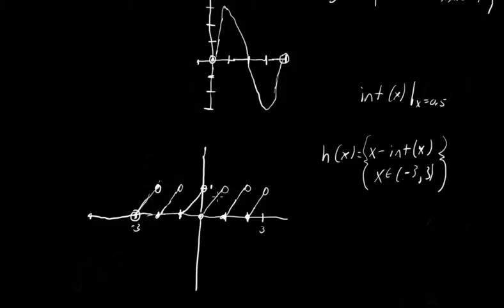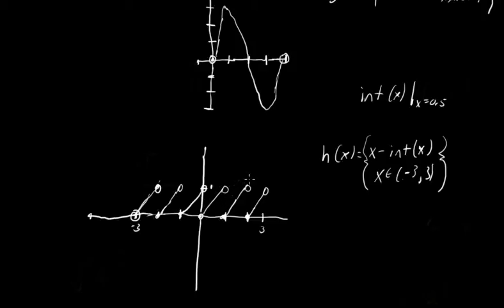And really at any number up until x equals 1, so at 0.99999, int of x would still be 0 because 0 is the biggest integer equal to or smaller than 0.99999. So 0.99999 minus 0 is 0.99999. You'd get back x.